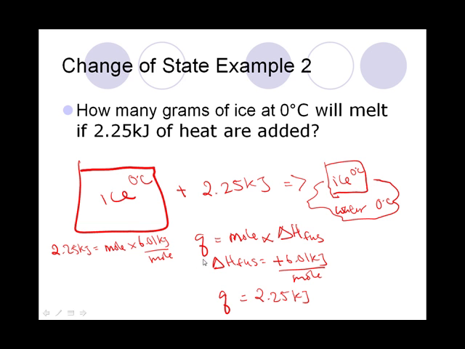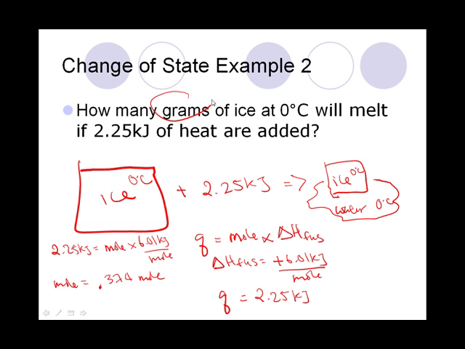And so I am going to just divide out this number, and so the moles of ice that would melt would be 0.374 moles of water.